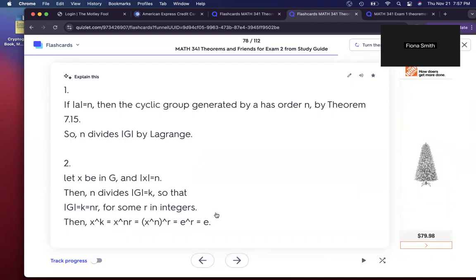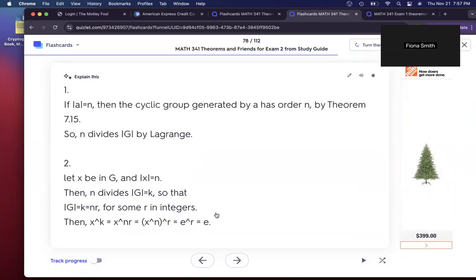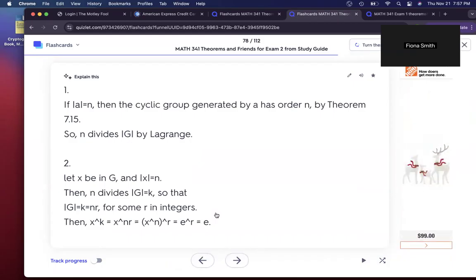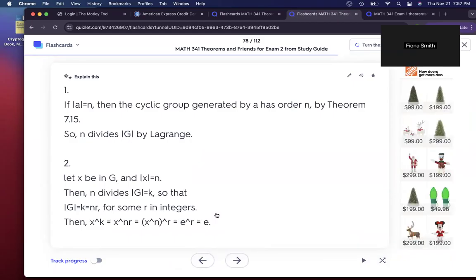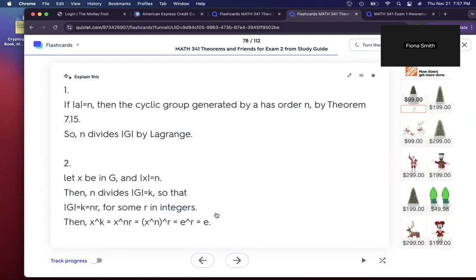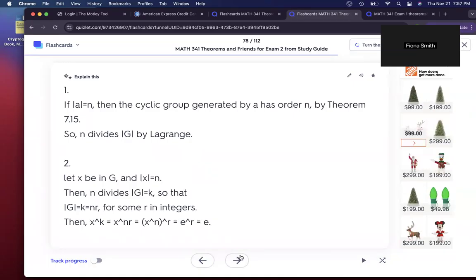What was that? 7.4, I think. But X to the K, X to the NR, you can rewrite that using associativity as X to the N to the R. And we know that the order of X is N, so now we have E to the R, which is just E.